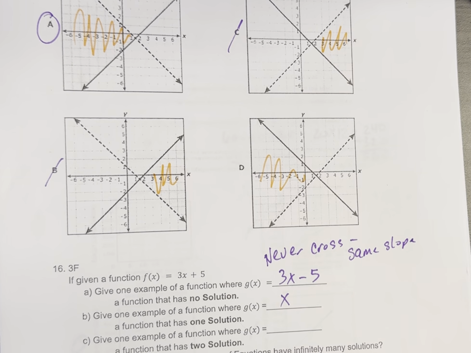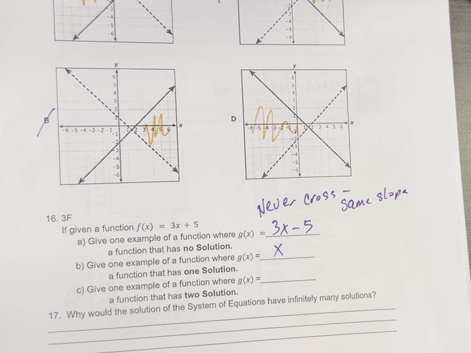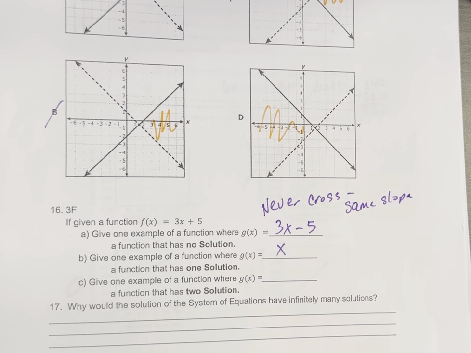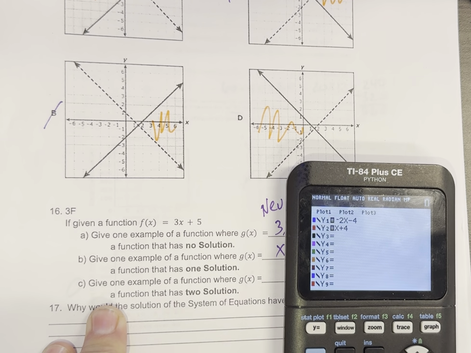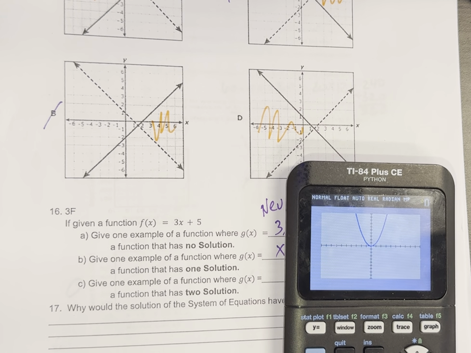And then to have two solutions, what kind of graph would it have to be? It would have to cross twice, right? So a graph that would cross twice would be something like this. And our new unit is quadratics, so x squared. So x squared has a U shape.